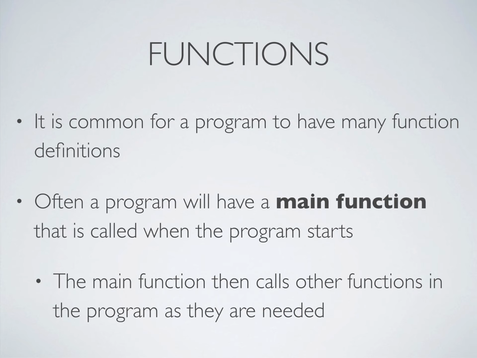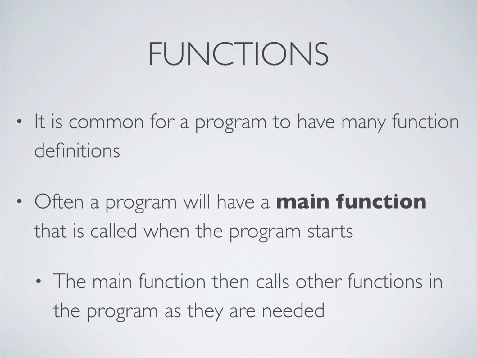So generally when you're working with code, sure, you'll have many function definitions, but there will be one function definition that's called main. So you'll have one main function, and this main function is sort of controlling the shots for your entire program. So the main function may call the other functions inside of it.